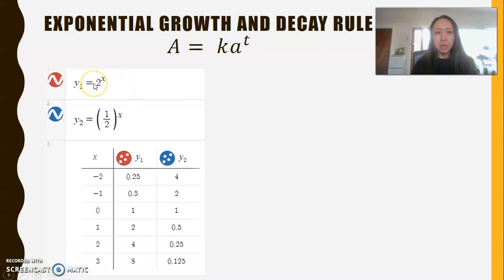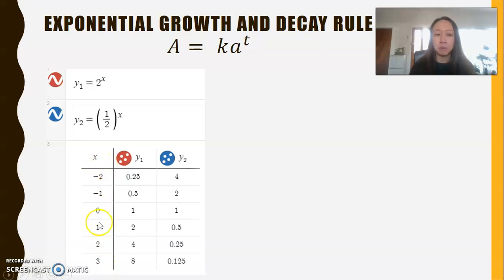An exponential function has a form of a value powered by a pronumeral. So if we have a simple equation like y equals 2 to the power x, let's say x has a domain of -2 to 3.